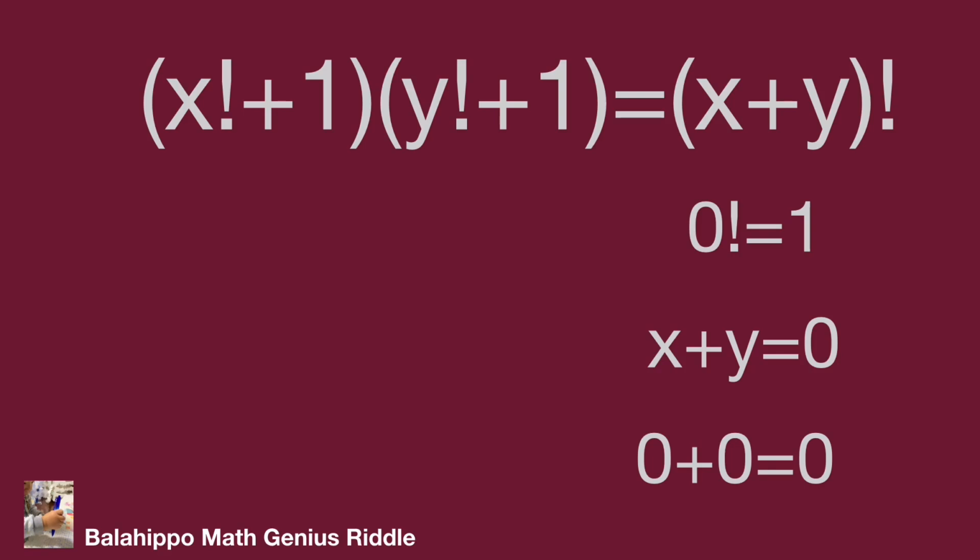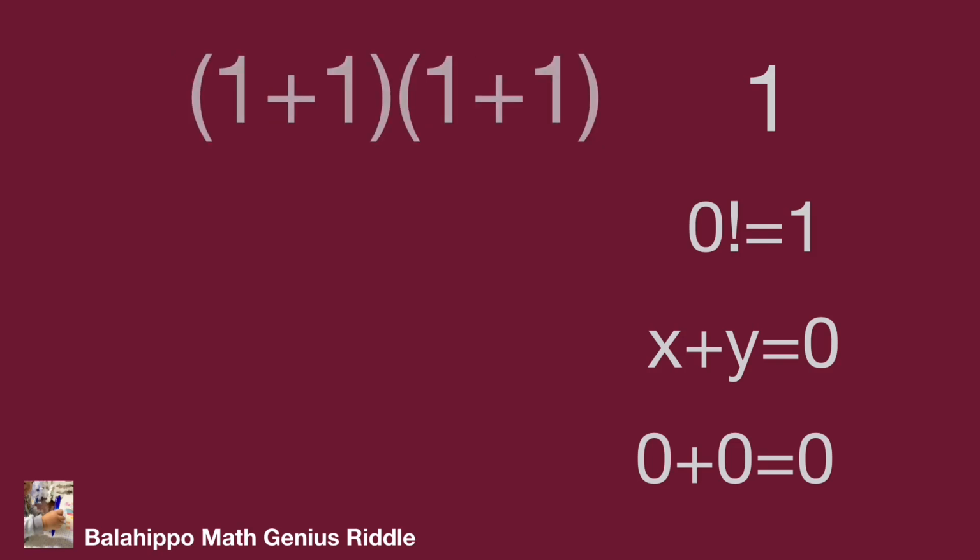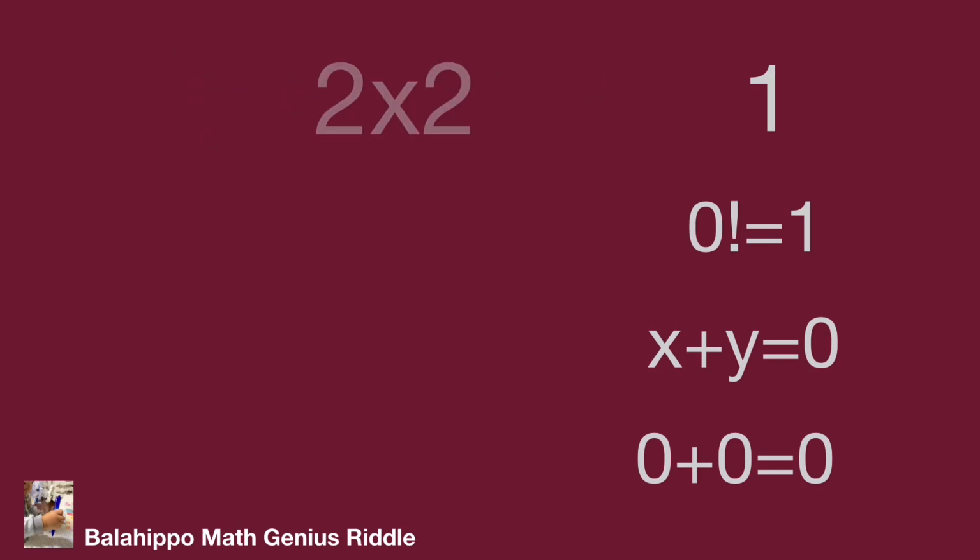The left side is (0 factorial plus 1) multiplied by (0 factorial plus 1), the right side equals 1. The left side equals (1 plus 1) times (1 plus 1) equals 2 times 2 equals 4. It is not equal to 1, the right side of the equation. So 0 factorial equals 1 is not the solution.